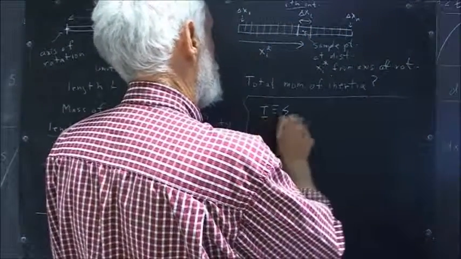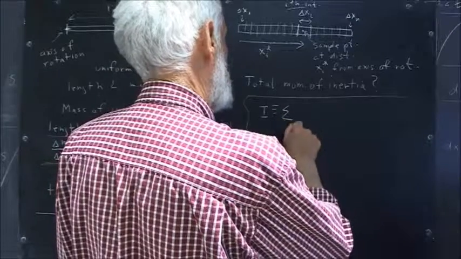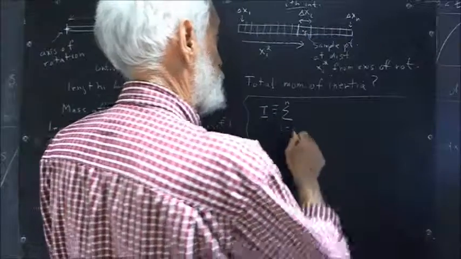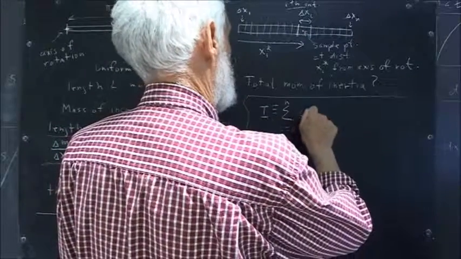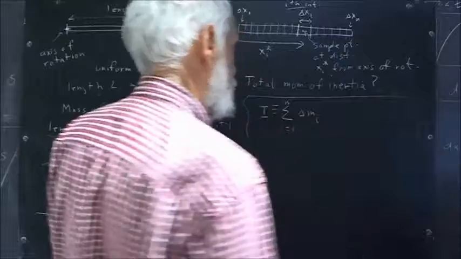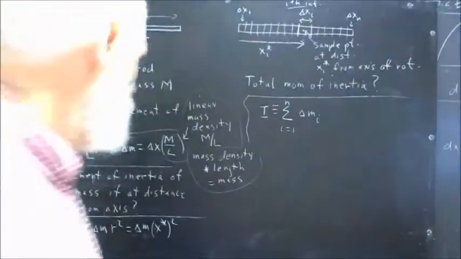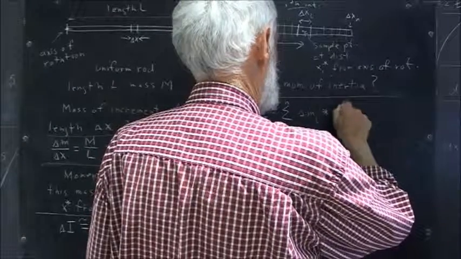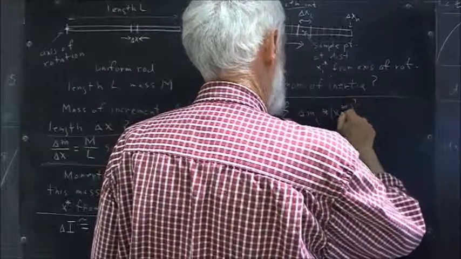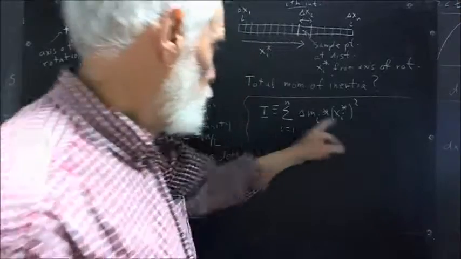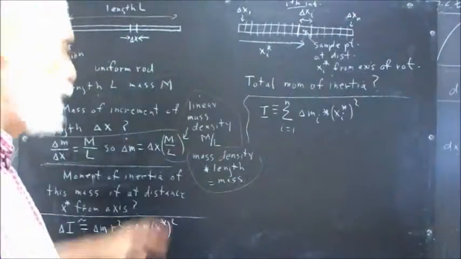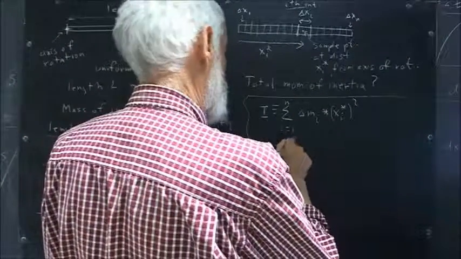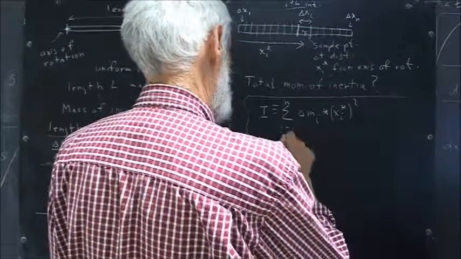But the moment of inertia is going to be the sum from i equals 1 to n of the mass, so that's delta m sub i, multiplied by xi star squared. So that's one expression, but it doesn't use all the information we assume that we have.